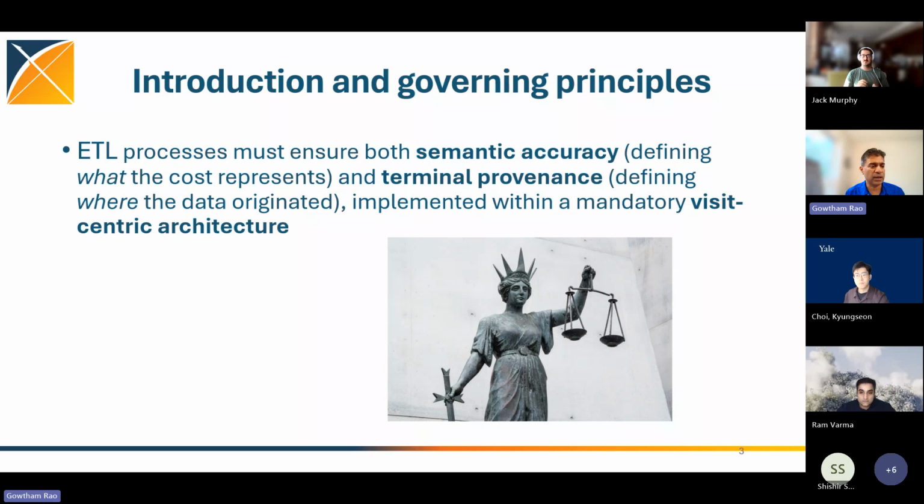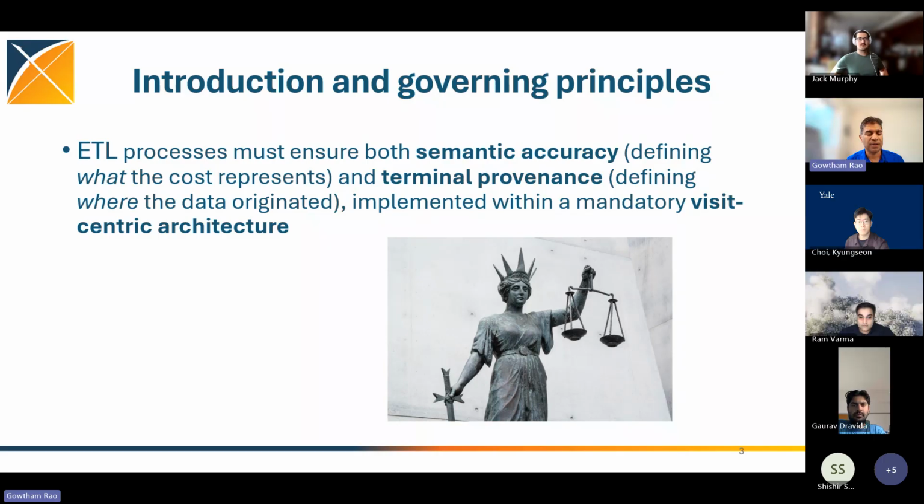We anchor this whole thing around a visit-centric approach. So the software will go to the visit table to the cost table. So that you'll see the structure that we have. The ETL convention should be such that any cost record goes to an event record via a visit record.